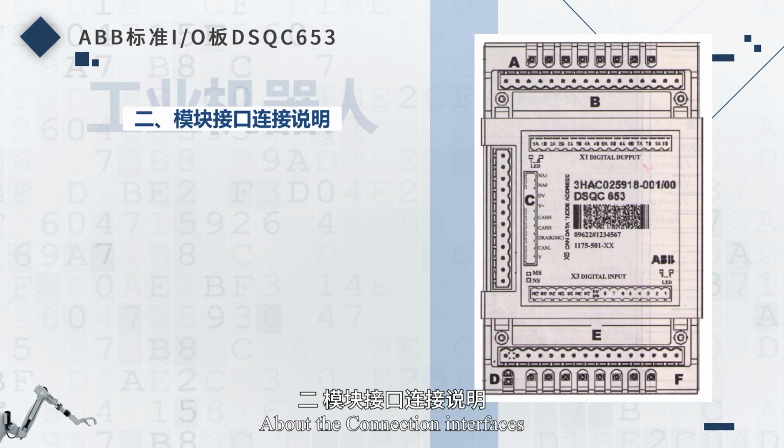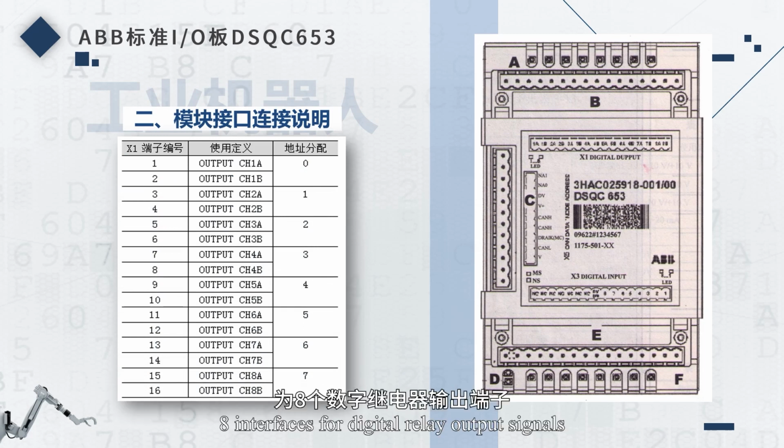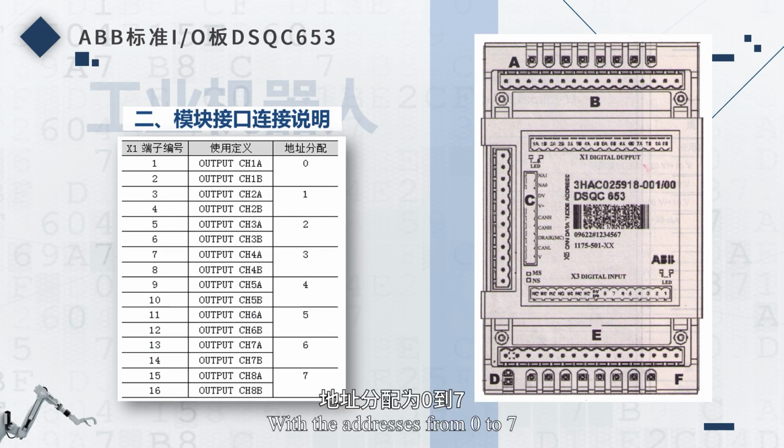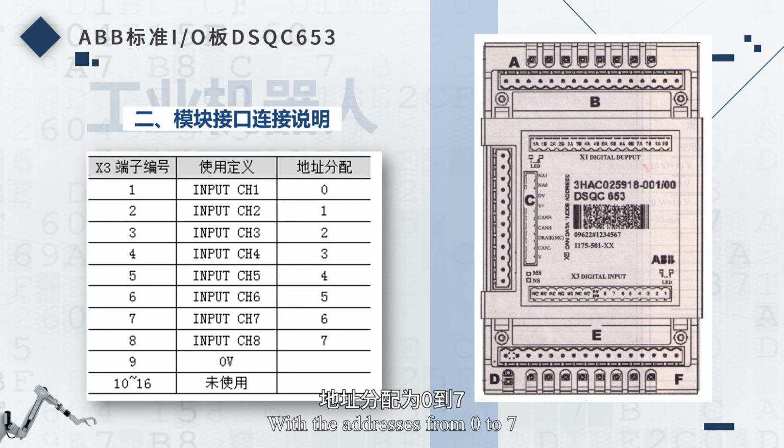About the connection interfaces, X1 provides 8 interfaces for digital relay output signals, with the addresses from 0 to 7. X3 has 8 interfaces for digital input signals, with the address from 0 to 7, and a 0-volt interface and available one, a total of 10 interfaces.